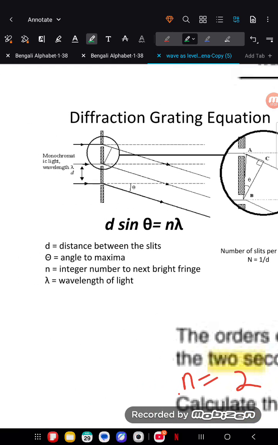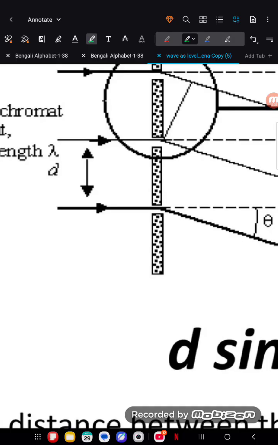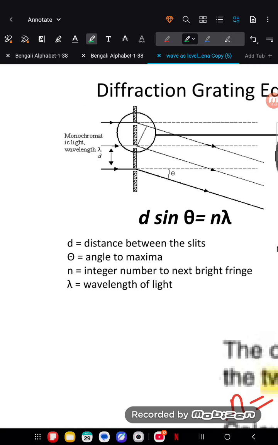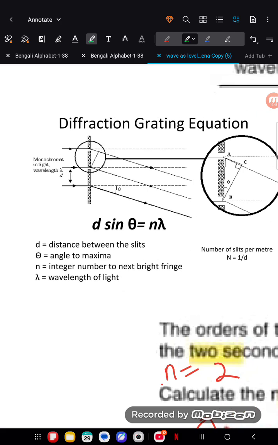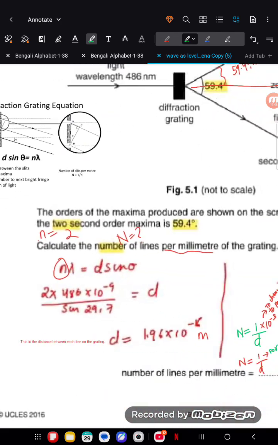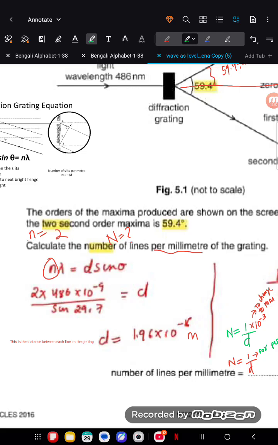So d, small d, is the distance between the slits. Everything is given in this. Just arrange it.